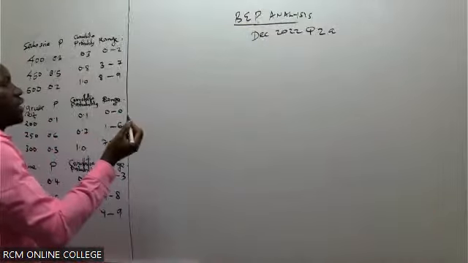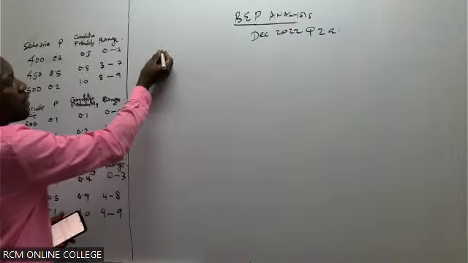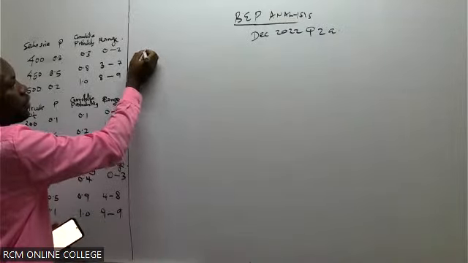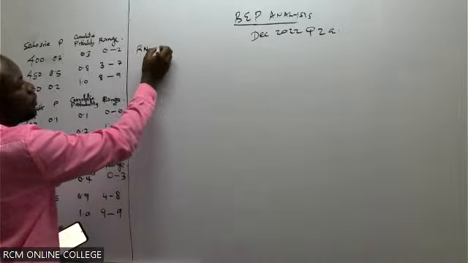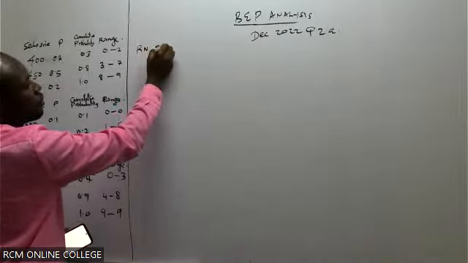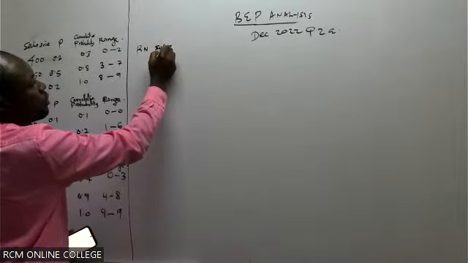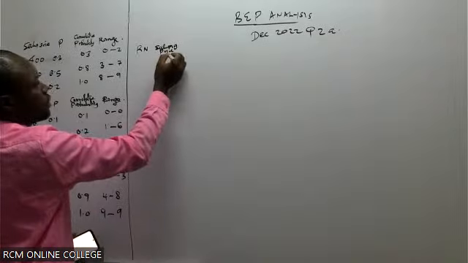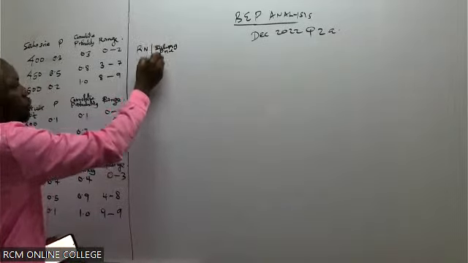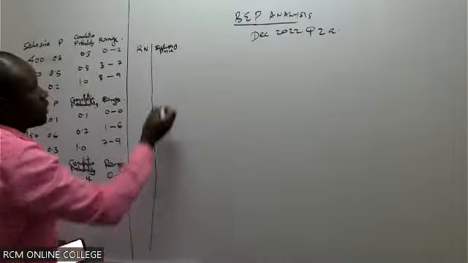So we have number 1 to 10. So we have random numbers for the selling price. Is it? So we have RN. And of course, we have selling price. So the random numbers, we are going to have them again all the way to number 10.